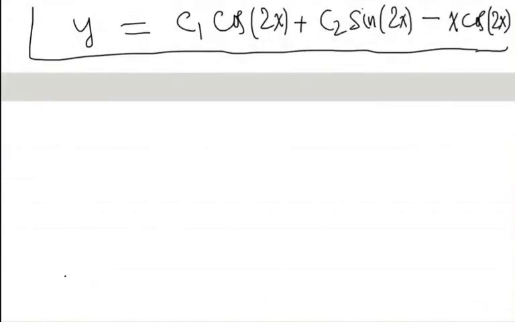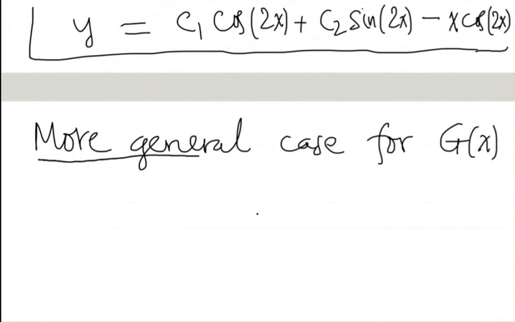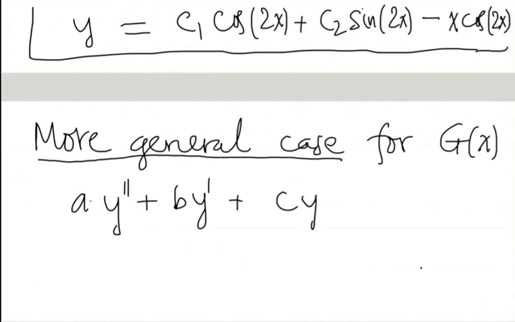Okay, so in the rest of the lecture today, I want to discuss a little bit more general situation, when g(x) is more complicated. It's a more general case for g(x). Remember that the equation that we are trying to solve is a y double prime plus b y prime plus c y equal to g of x.